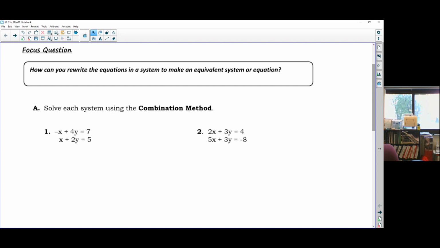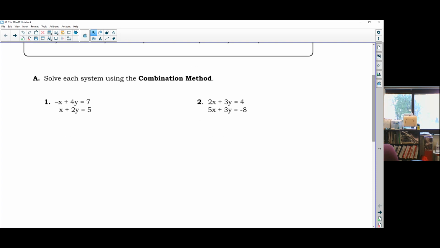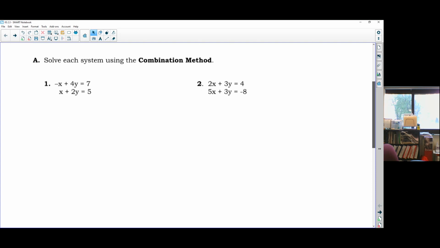The first four problems, we're going to use the combination method. The second four problems, we're going to use the elimination method. And you can kind of get an idea of which one you like the best.